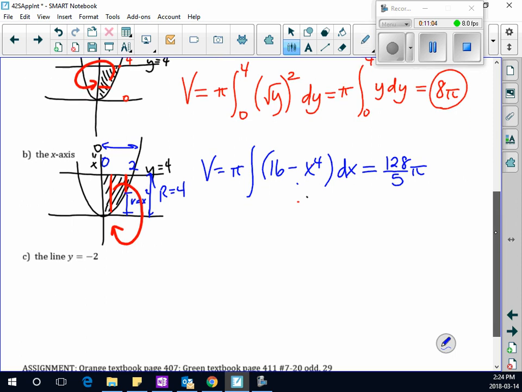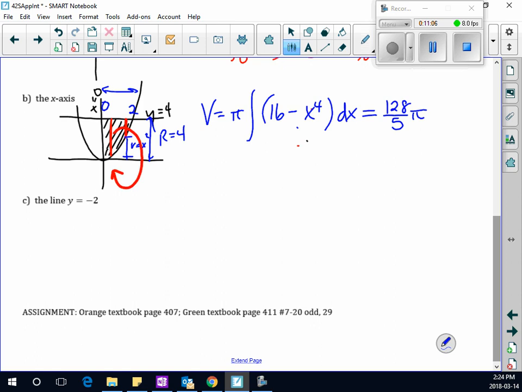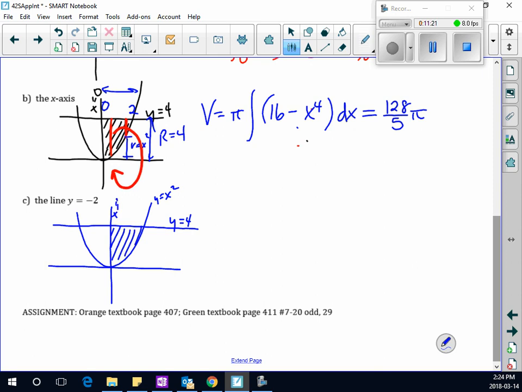Okay, and then the last one is, again, the same diagram. Y equals x squared, y equals 4, and then we have x equals 0. But we're rotating it about the y equals -2 line.